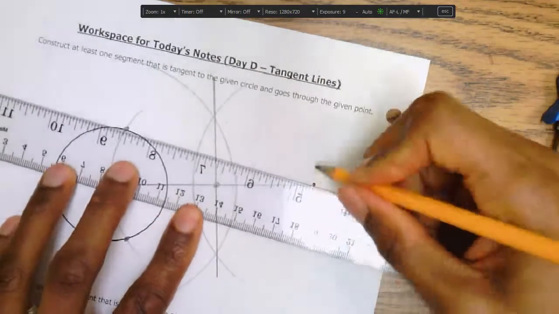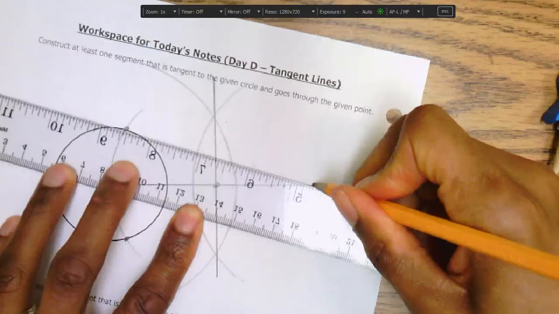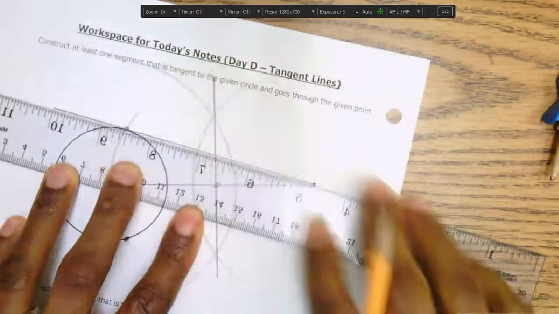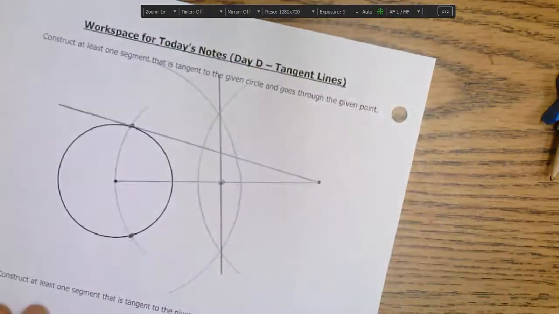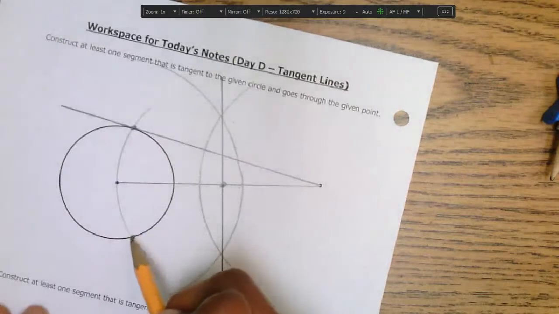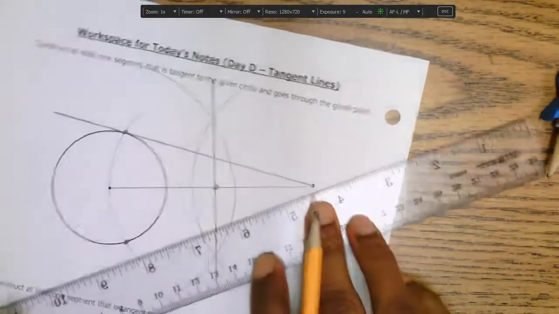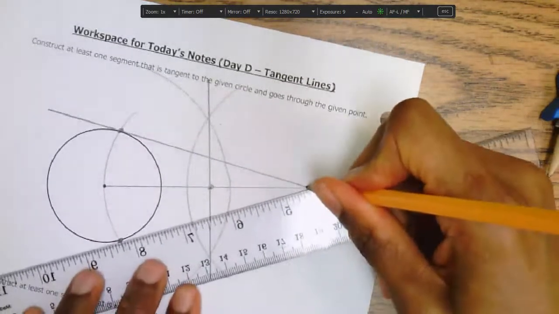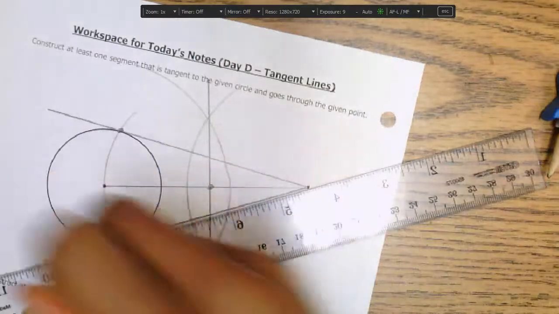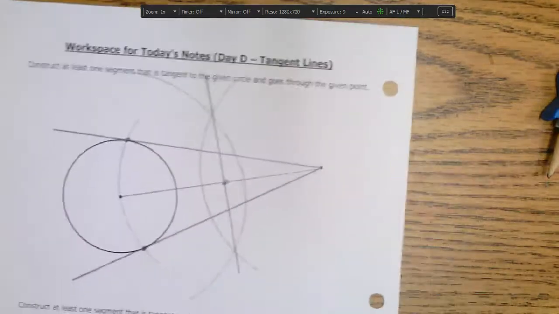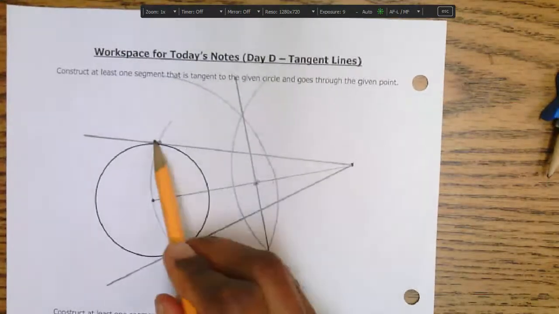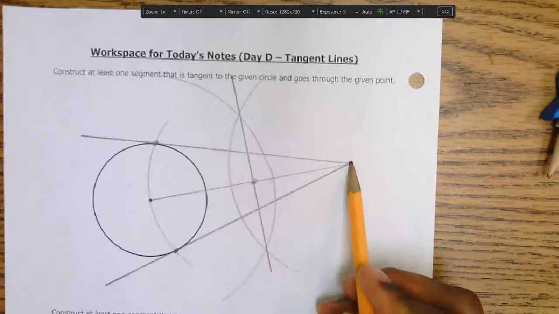If I draw a line from the given point through that intersection point, that is our tangent line. And we could make another tangent line on the lower side in the same way. All right, and that is how you construct a line that is tangent to the circle through a given point.